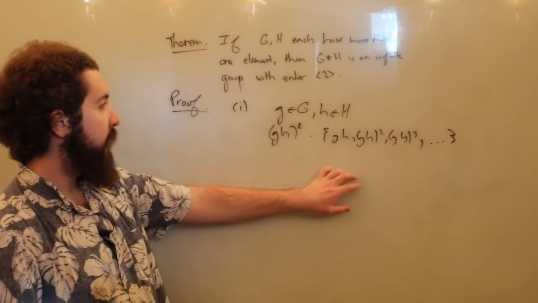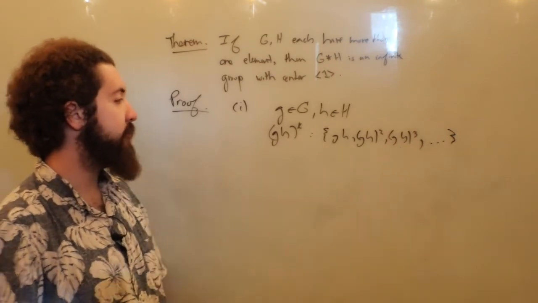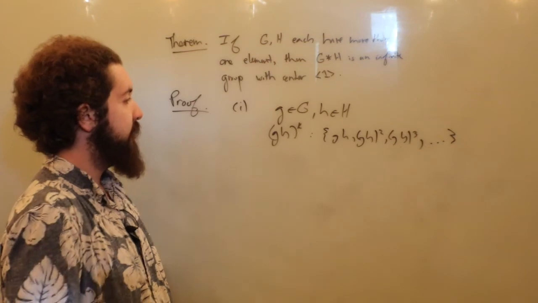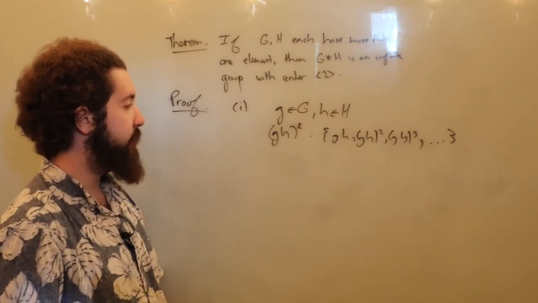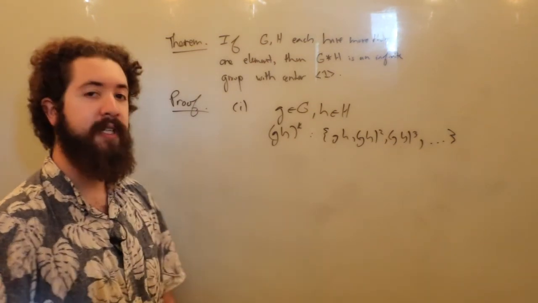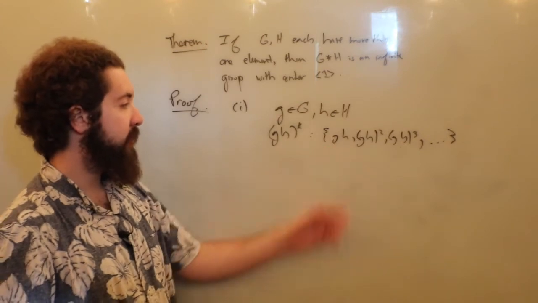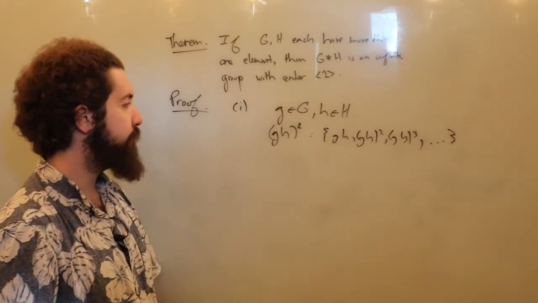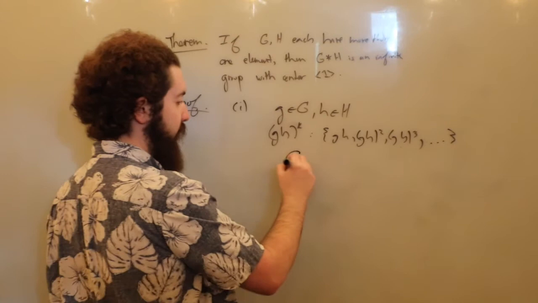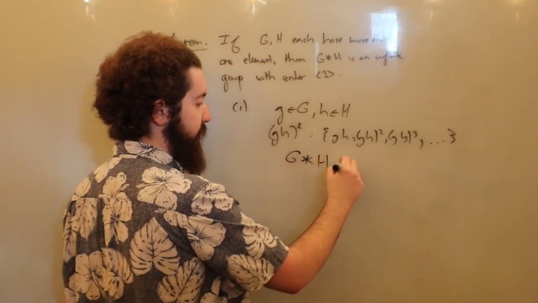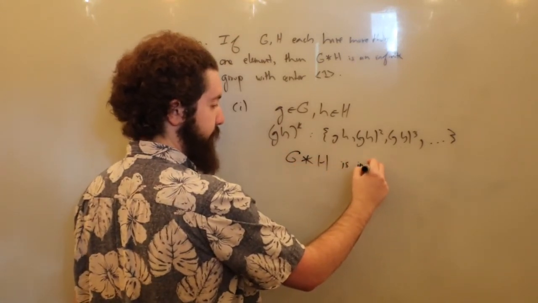And so, with no further restrictions, we see that this free product is already infinite, only considering those elements of that form. So clearly, G star H is infinite.